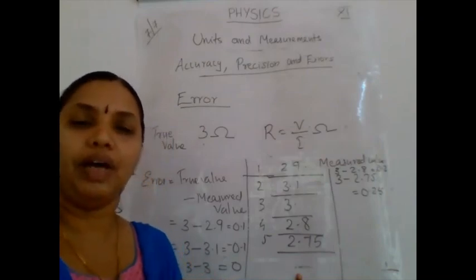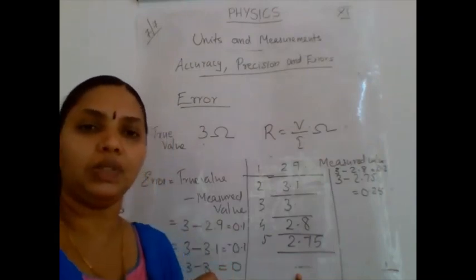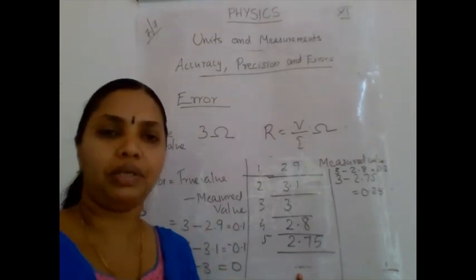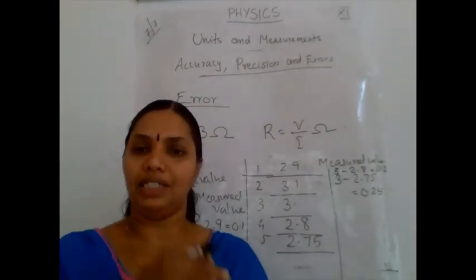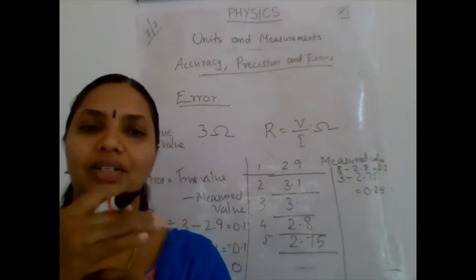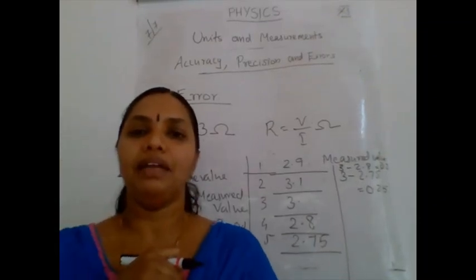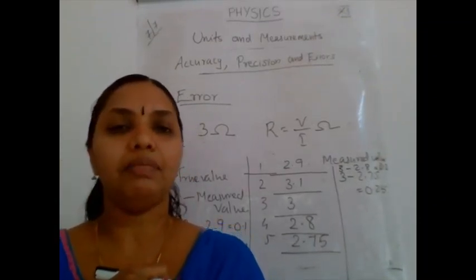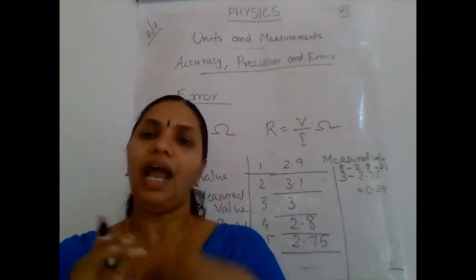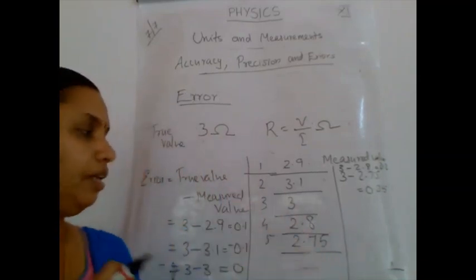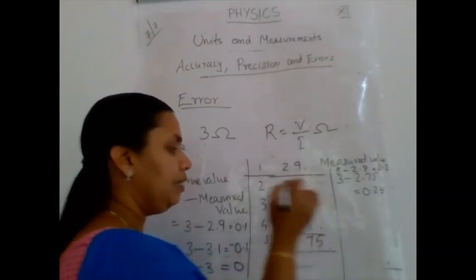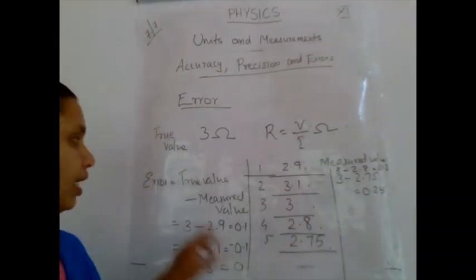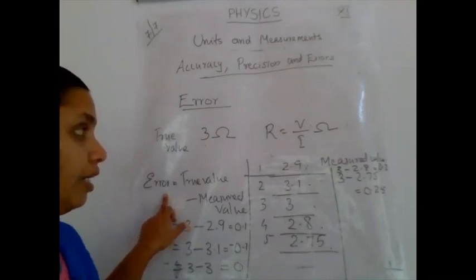In any experiment where you go for measurement, we will take a set of readings and find the average. It should be near the actual value. We find the mean, and that mean is the true value. And from that mean value, we find the error in each measurement. So that is the error of a measurement.